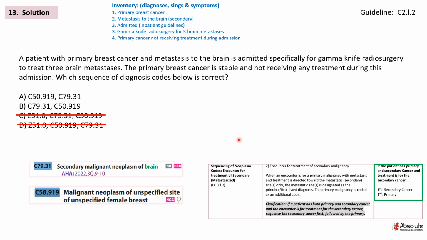We have our secondary site in this particular case that is getting treated, and our primary site is not getting treated, which means we are going to list the secondary site first and not the primary site. So B is going to be our answer because this is listing our secondary malignant neoplasm of the brain first.